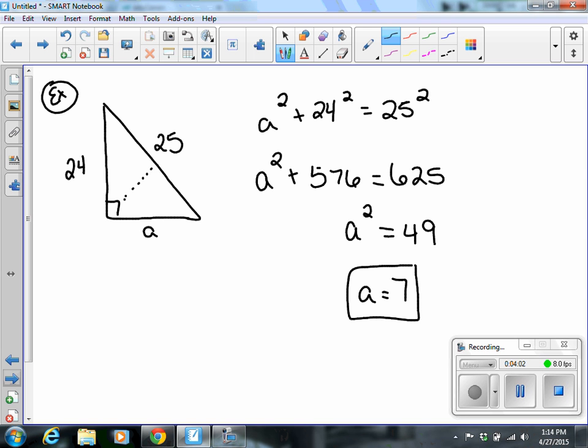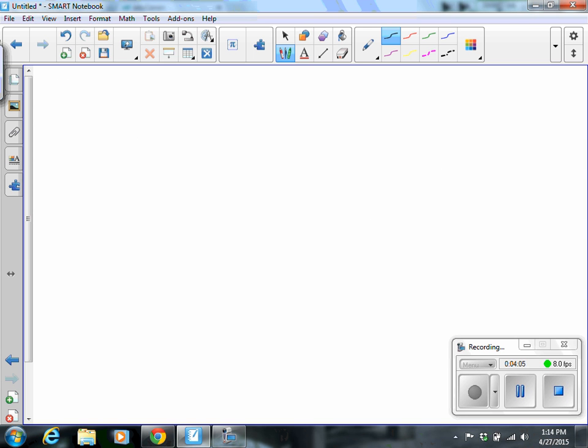Now to kind of combine, okay, why are we doing this if it's not using a trig ratio? Here's why.